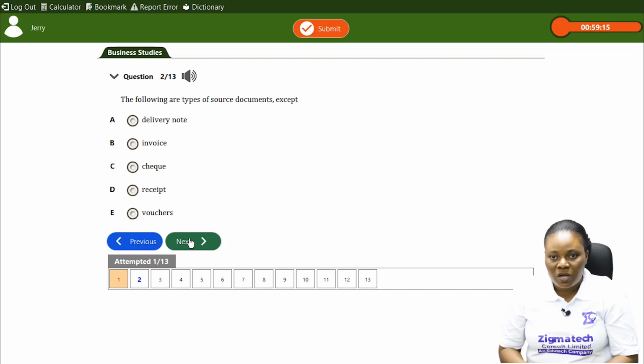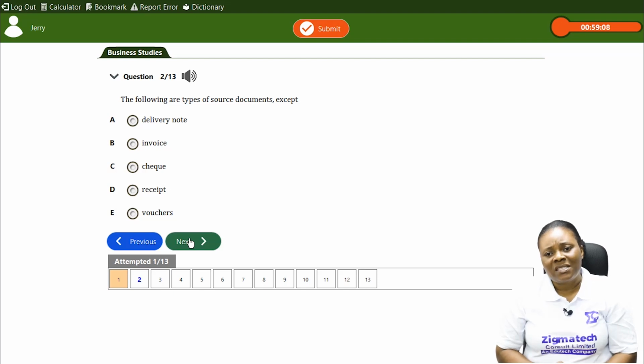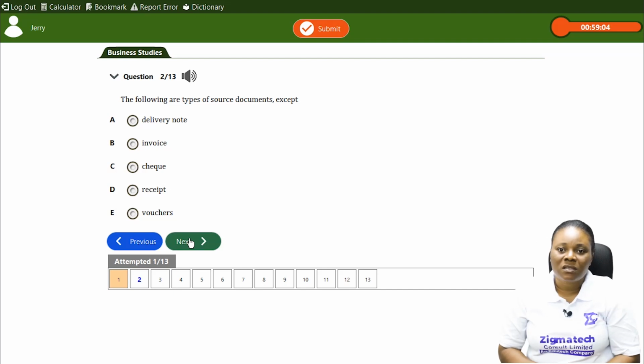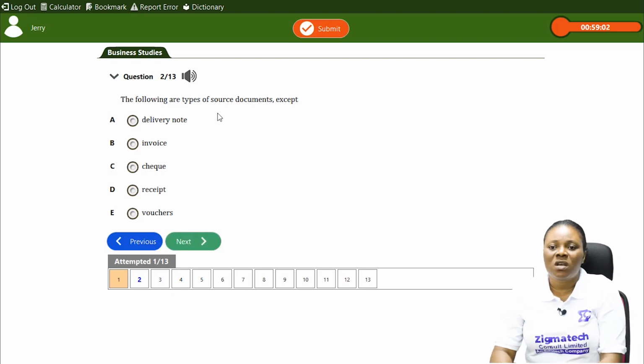Let's take another question. It says, the following are types of source documents except dash. Remember I said another name for office documents is what? Source documents. A, delivery notes. B, invoice. C, check. D, receipts. E, vouchers.